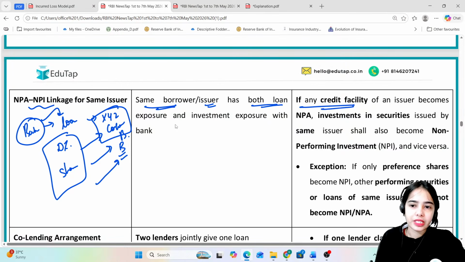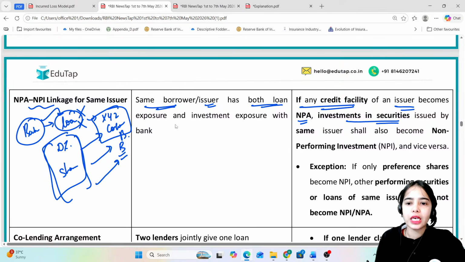If any credit facility of an issuer becomes NPA, that means if the loan or the overdraft facility becomes NPA with the borrower, investment in the securities, debt instruments or shares issued by the same issuer shall also become non-performing investment, and vice versa.